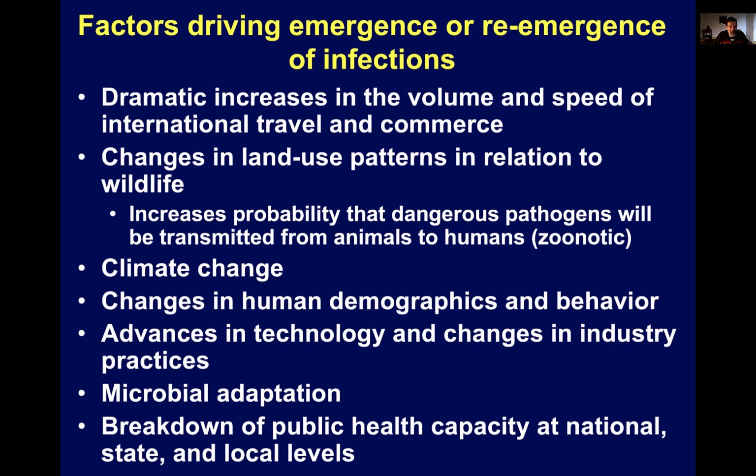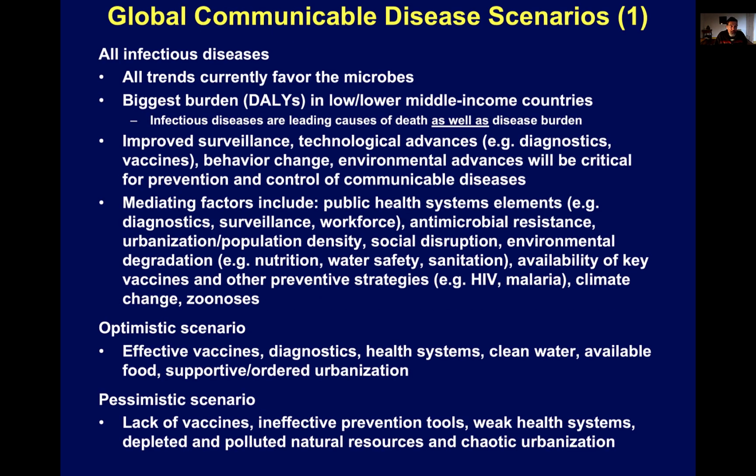Microbes themselves can adapt to become more pathogenic or more resistant to antibiotics. And importantly, a breakdown of public health capacity at the national, state, local, and global levels, thinking about organizations like WHO and PAHO. But you can think about different scenarios about how infectious diseases will play out in relation to humans over the coming decades and centuries.